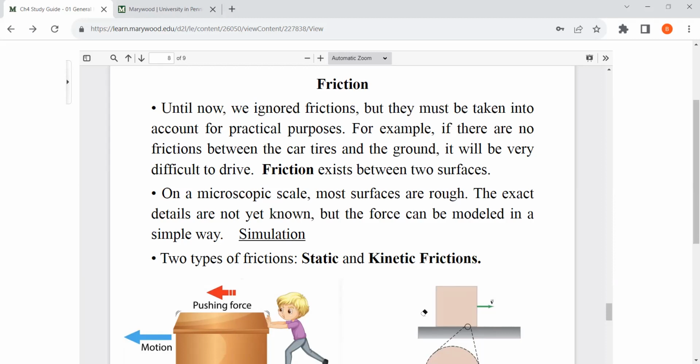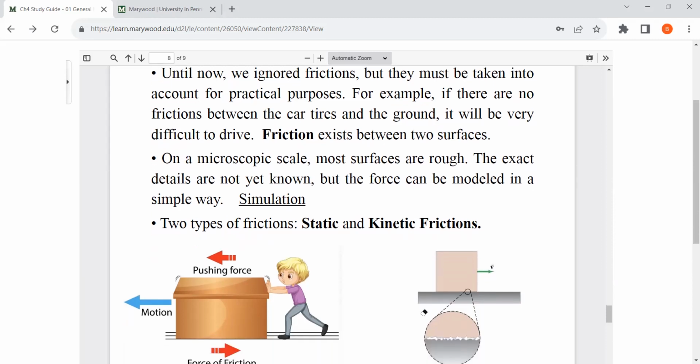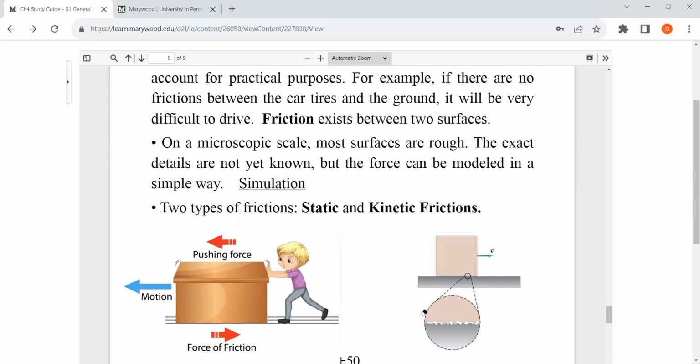Now what is friction, and why do we have friction? We have friction between two surfaces. For example, between the table and the ground we have friction. Although the bottom of the table and the floor look very smooth, if you look microscopically, you will see that they are not that smooth.